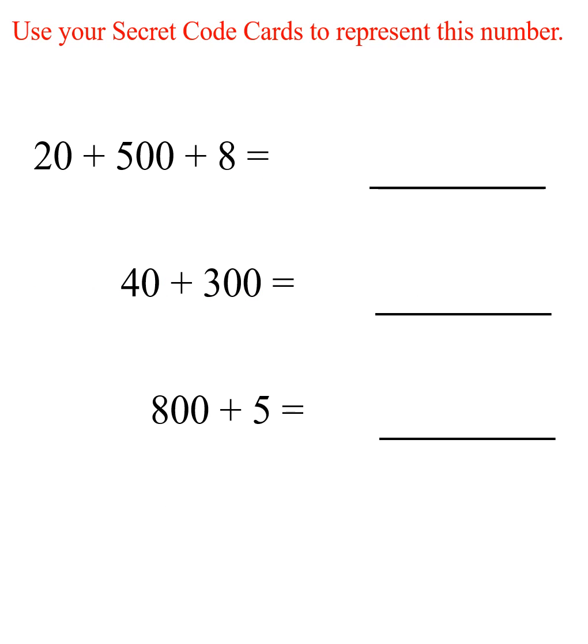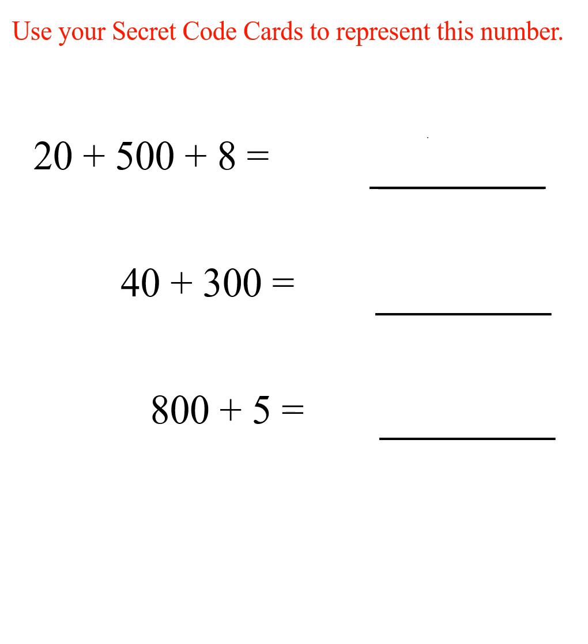Let's practice using our secret code cards to represent this number, and then we are going to write the numbers. So this time you'll notice that they're in different orders. So we didn't start with the hundreds, we have our tens, then we have our hundreds, and then we have our ones. So if I had to put that together, I'm going to look for my hundreds first, because I know when I'm writing a 3-digit number, my hundreds comes first.